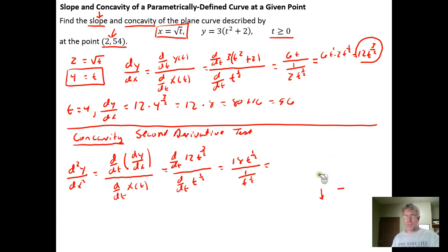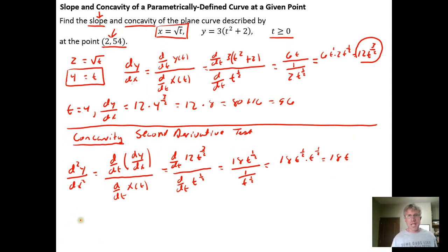And again we're dividing by a ratio, so we get to multiply times the reciprocal, and t to the 1/2 times t to the 1/2 is going to equal t to the first power, so we get 18t.